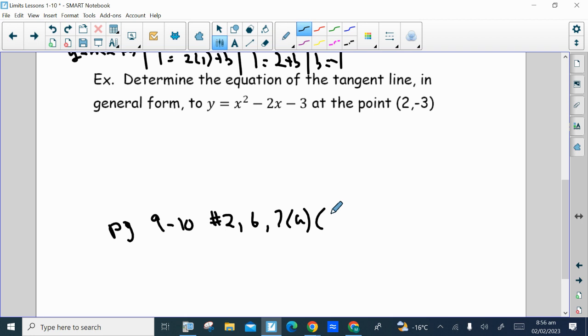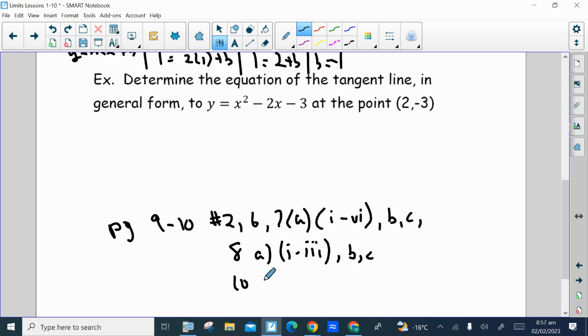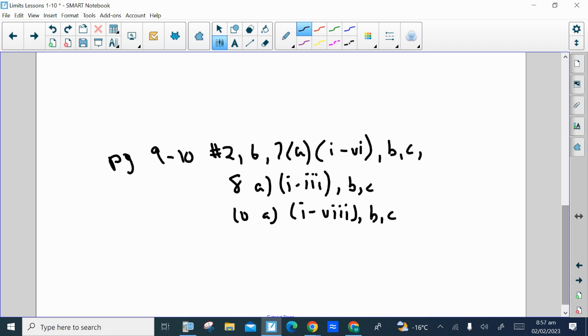So for question 7a, you can do the first 6, all of B, all of C. Question 8a, you can do the first 3, all of B, all of C. And then for 10a, you can do the first 8, as well as B and C. Okay, so you can work on those questions.